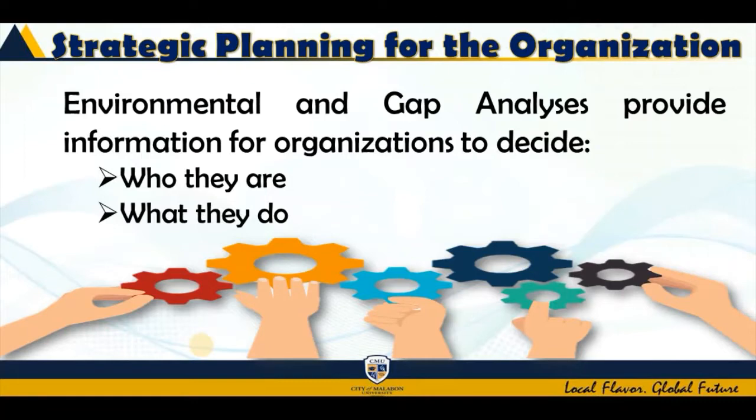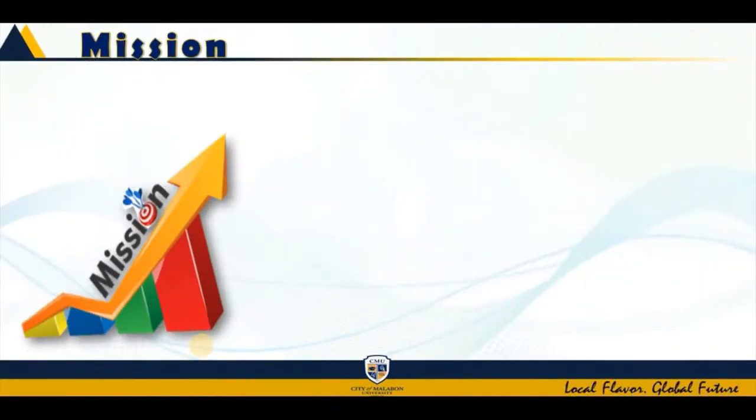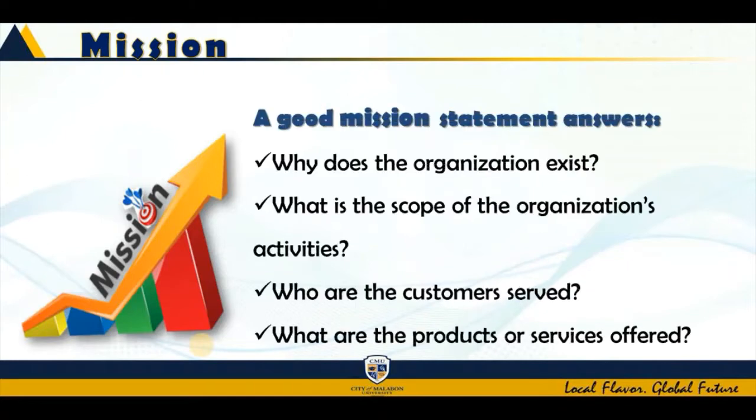Since we already have the gap analysis based on our environment, we need to decide what information we need to have, for example, who they are and what they do. First, we have the mission. Mission statements must answer why the company exists, what the activities of the company are, what products or services they are serving to the communities, who their customers to be served or target market are, and also what products they are offering.